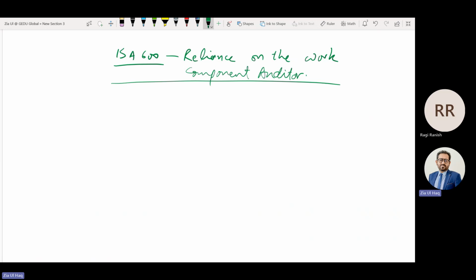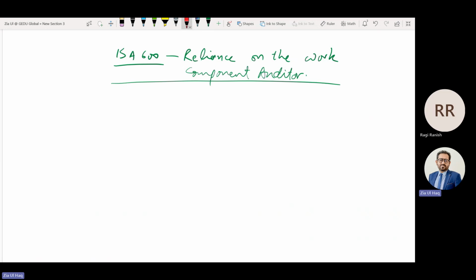We, the principal auditor. We will not be able to say that this work has been verified by component auditors. So that's why per ISA 600, while relying on the work of a component auditor, we need to consider some points and perform some procedures.